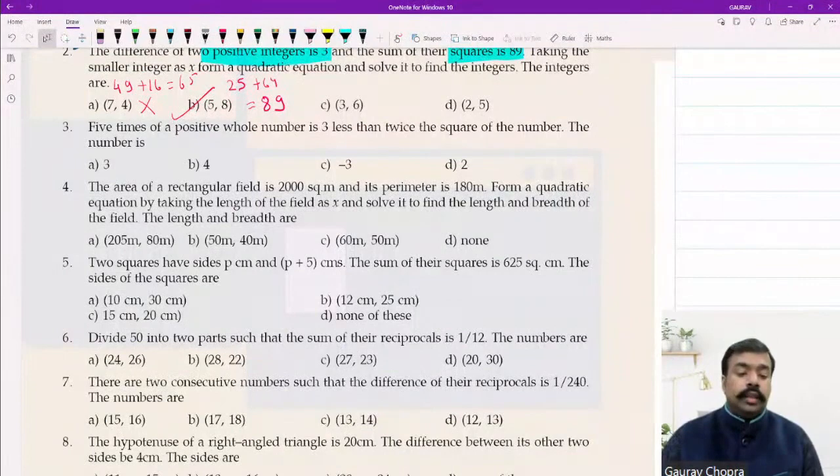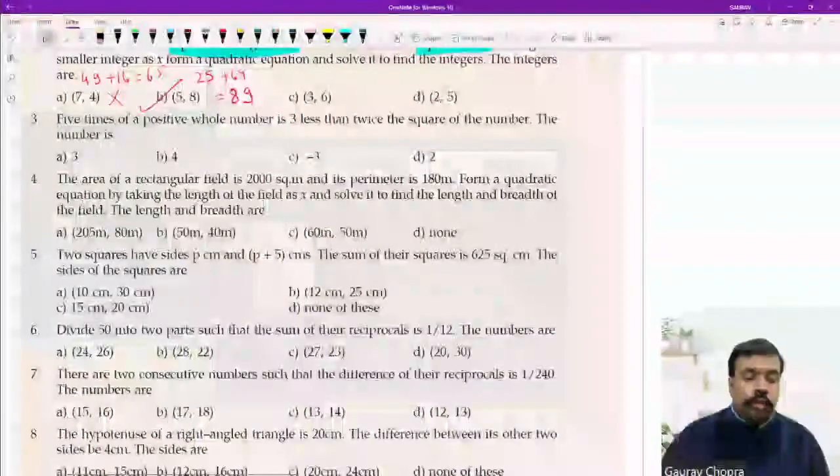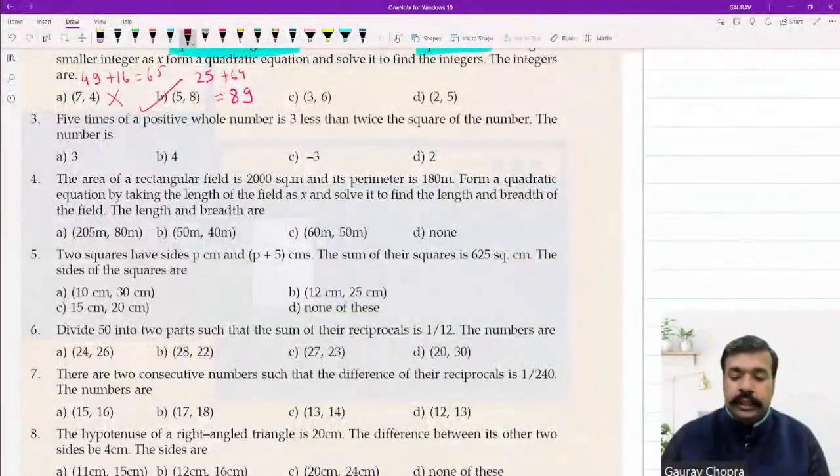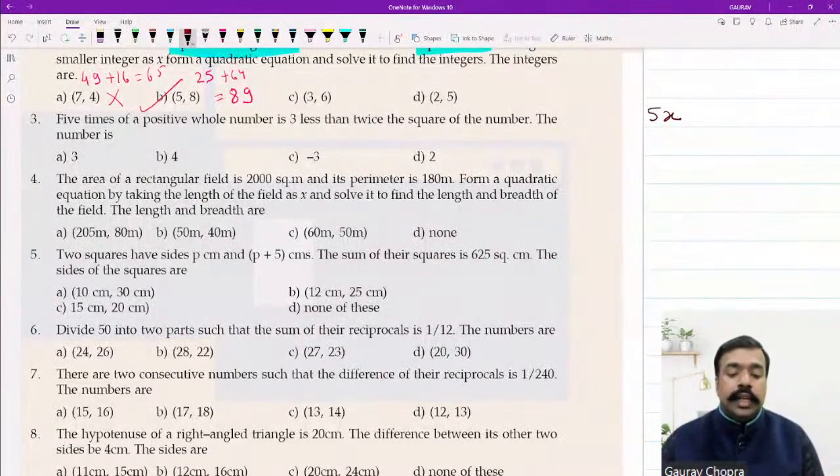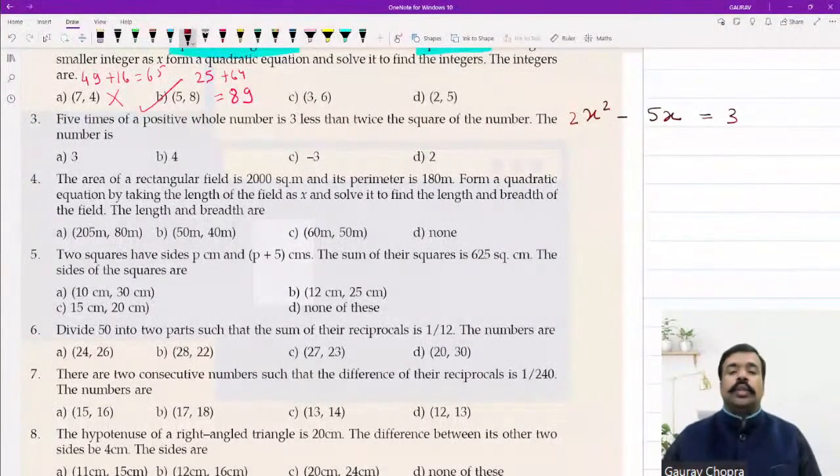So the third question says 5 times a positive whole number. If a number is x, then we are multiplying it with 5. It is 3 less than twice the square of the number. So if we square the number and multiply with 2, then the difference is equal to 3.